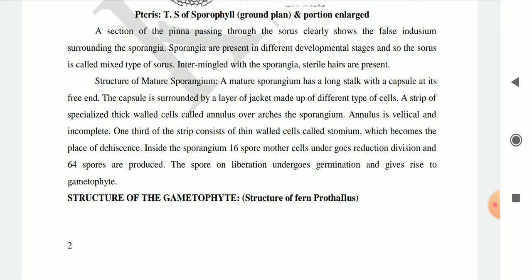A strip of specialized thick-walled cells is called the annulus, and usually the annulus is vertical and incomplete. One third strip consists of thin-walled cells called the stomium, which becomes the place of dehiscence in case of Pteris. That means when the spores mature, they are dispersed with the help of the stomium region.